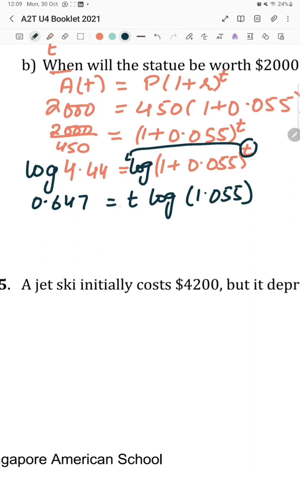So 0.647 is equal to t log 1.055, which is 0.02325. Now it will be divided over here: 0.647 divided by 0.02325, so it would be 27.860 years.